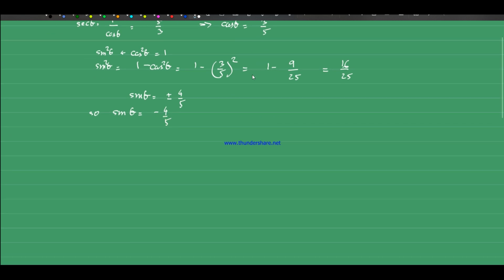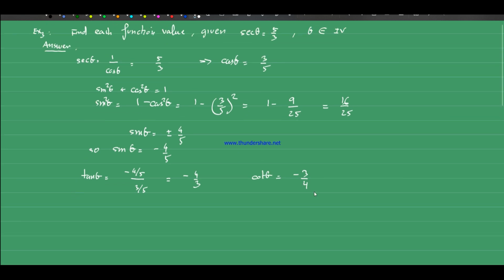And from here we can get tangent. Tangent theta will be sine over cosine, which is negative 4 over 5 divided by 3 over 5, so negative 4 over 3. And cotangent will be negative 3 over 4. Done. Oh, we forgot cosecant theta, which is negative 5 over 4.